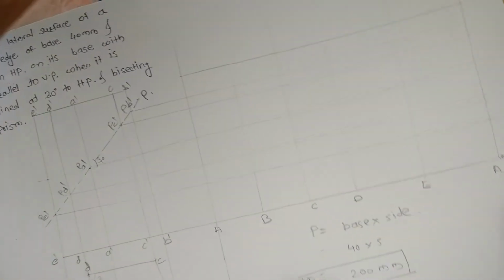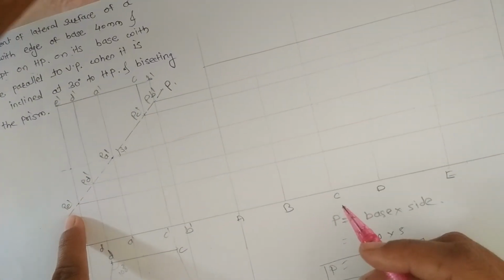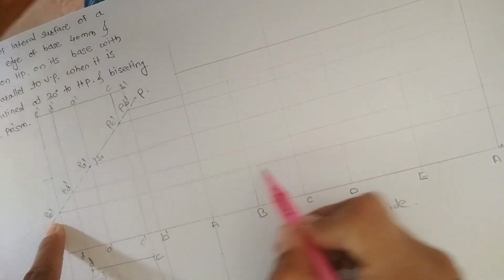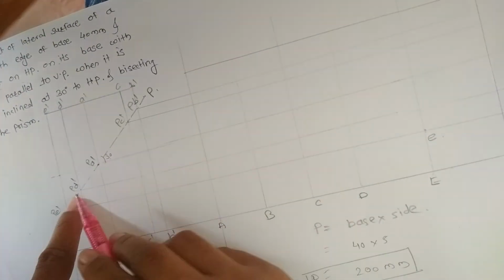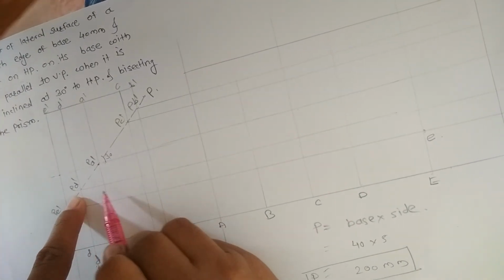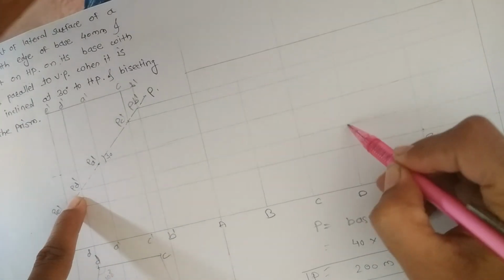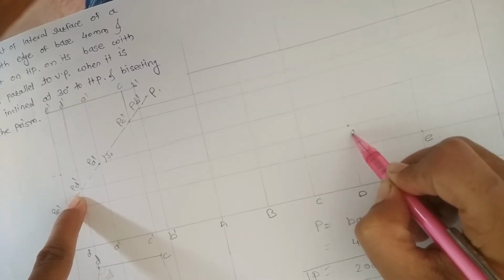Now join all the intersection points. First is P E dash. Transfer this point up to E. Here is E. Next point is P D dash. Transfer this point up to D. Here is D.